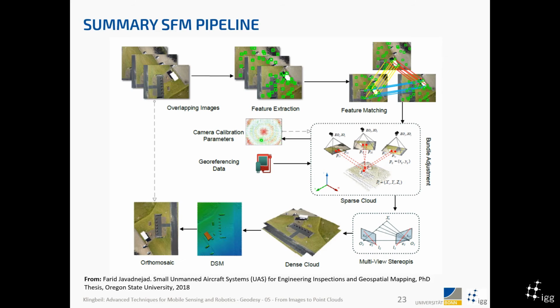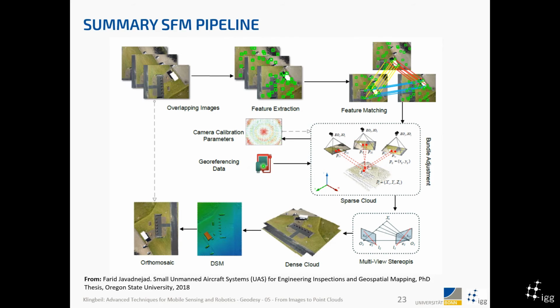That's one thing, and it generates the position and orientation of all of the images, and the position and orientation of the feature points in the object space, which correspond to the points that we have found in the images. If we also put georeferencing data in here, then the resulting sparse cloud is already georeferenced in the proper world coordinate system.